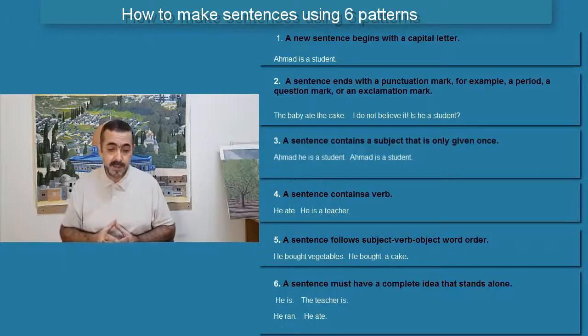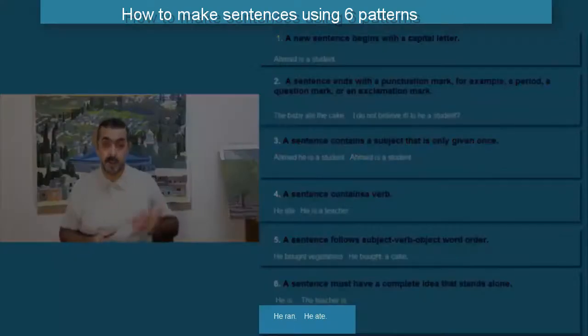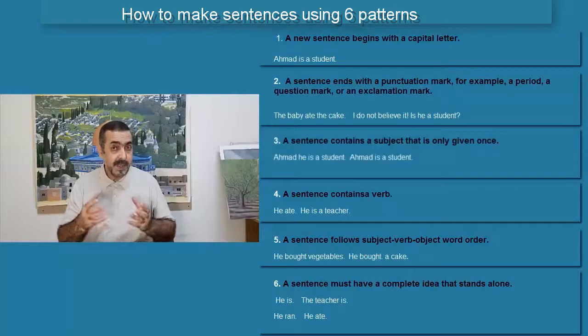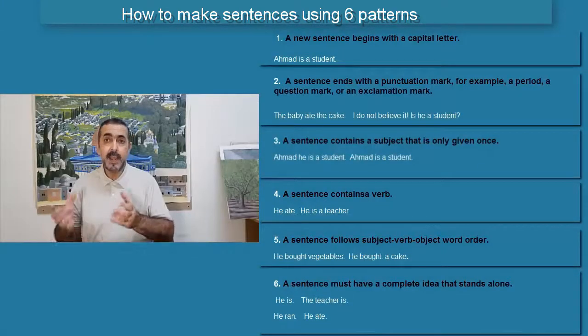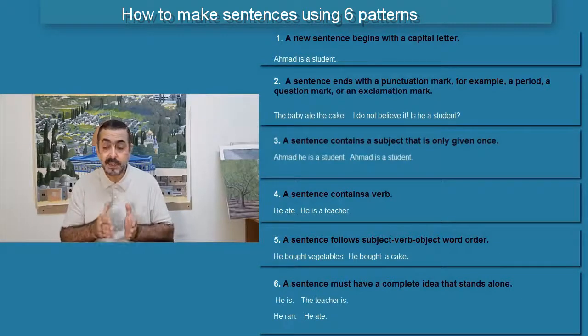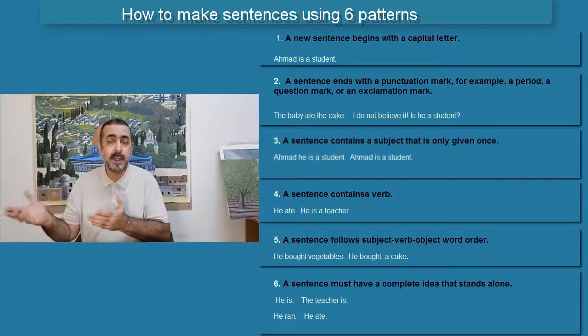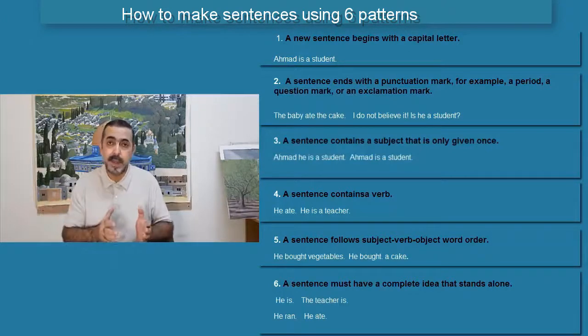But if we say he ran, we understand. If we say he ate, we understand because we have a subject and a verb and there's a complete thought. When he says he ate, okay, we understand that he ate. But when you say he is and we stop, we don't know what he means.